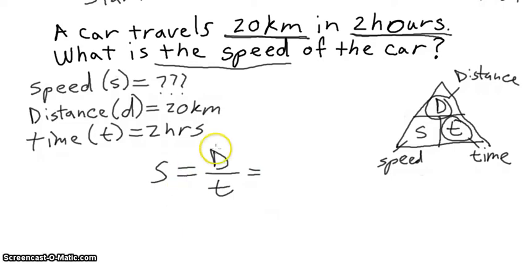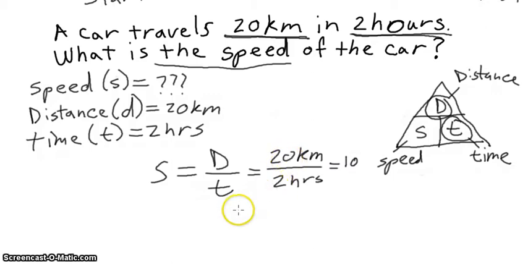And I can solve this problem now by replacing the distance, d, with the distance we collected from the problem, 20 kilometers, and replacing the time that we got from the problem, 2 hours, to get 20 over 2 is 10. And we use the units that we had before, kilometers over hours. So our answer is 10 kilometers per hour.